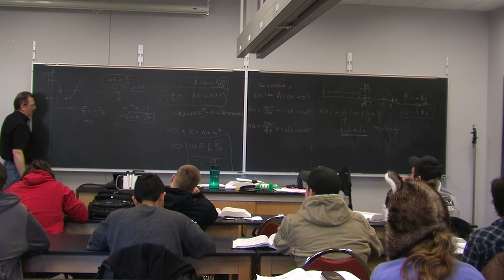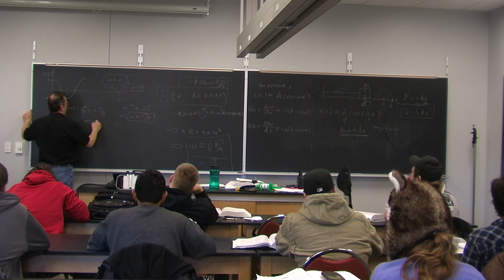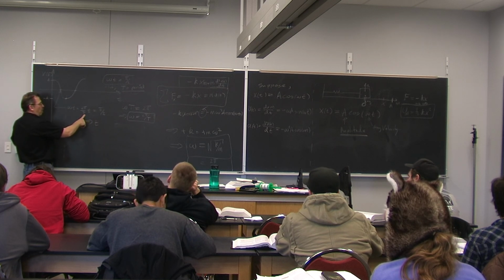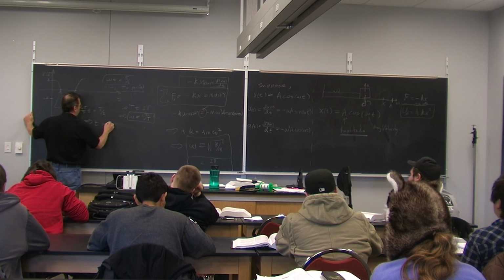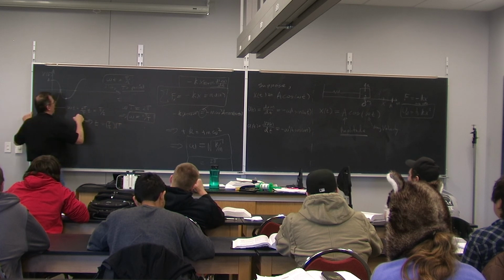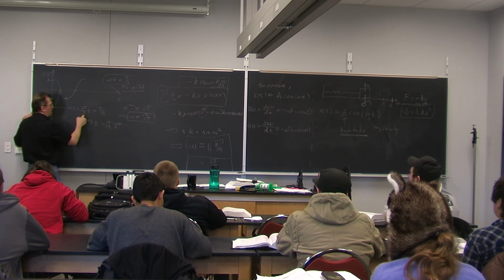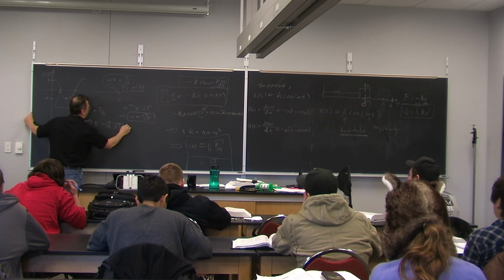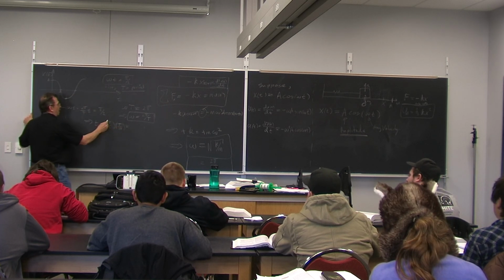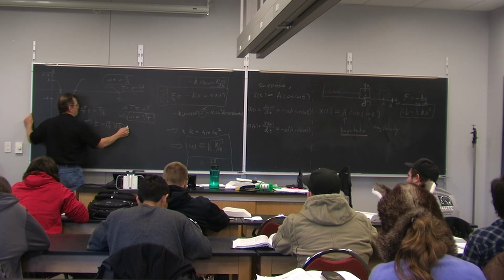So the time at that position will be, multiply both sides by capital T, divide both sides by 2 pi. Do you see it?